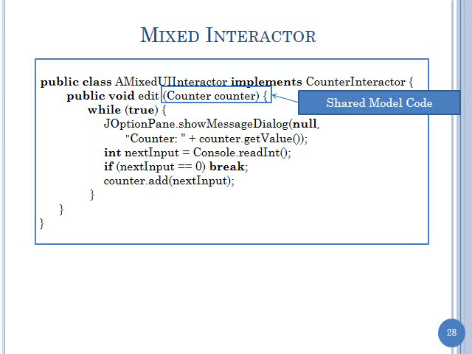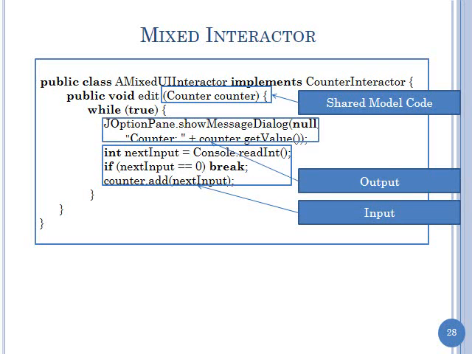Okay? And what the output did was take the model state, call read methods in the model to get the model state and visualize it. That's our view. That's going to be our output. Input is going to be taking user input, doing all the actions necessary to translate the user input into write method calls in the model. Okay? So this is all input, this is output, and that's what this is saying.